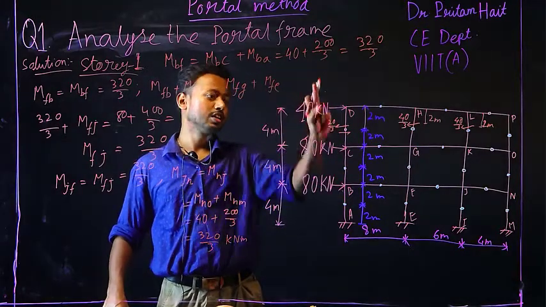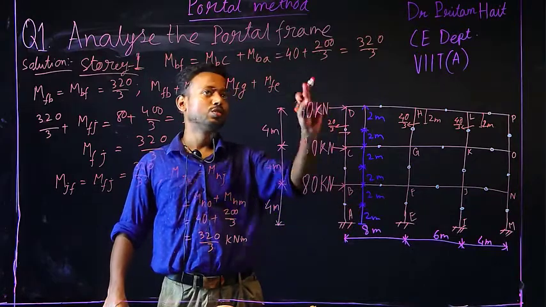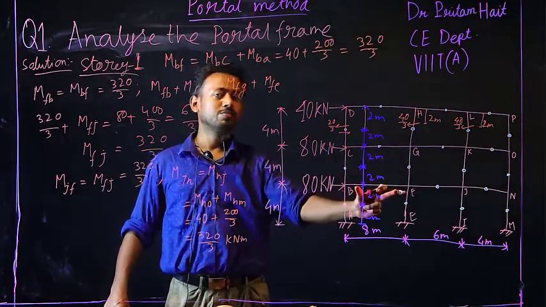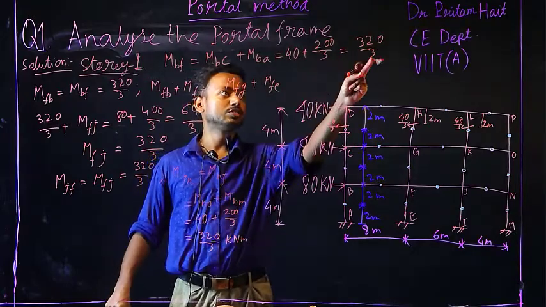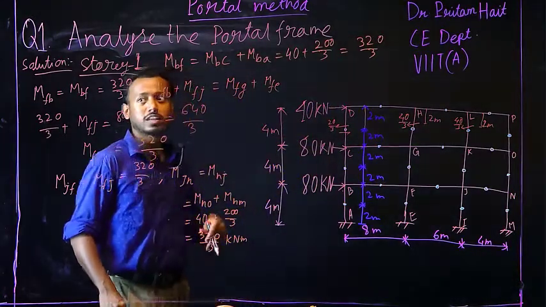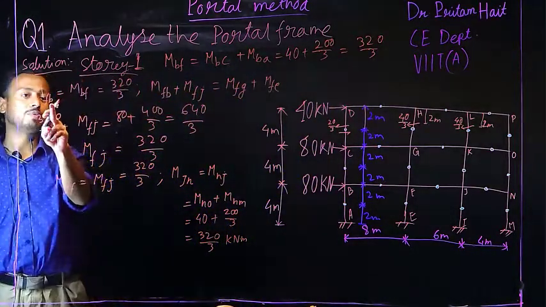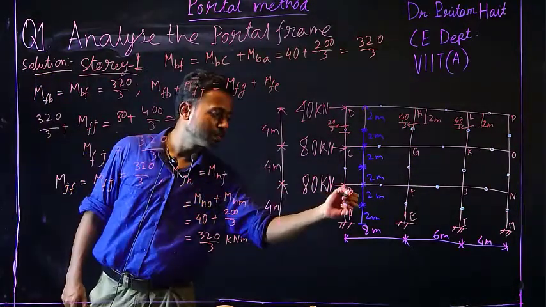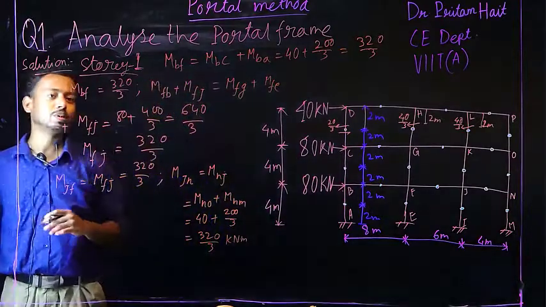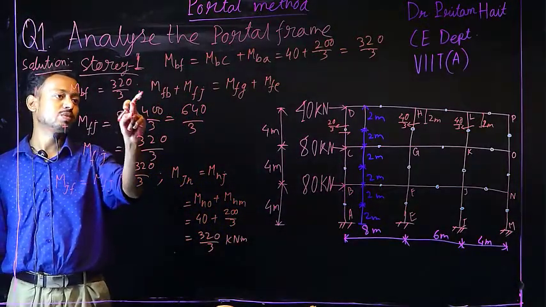MBA what I calculated 200 by 3. So what will be the total BF? MBF will be 40 plus 200 by 3 equals 320 by 3, right? Now come to MBF equals MFB. MFB equals MBF, the same beam, equals 320 by 3.